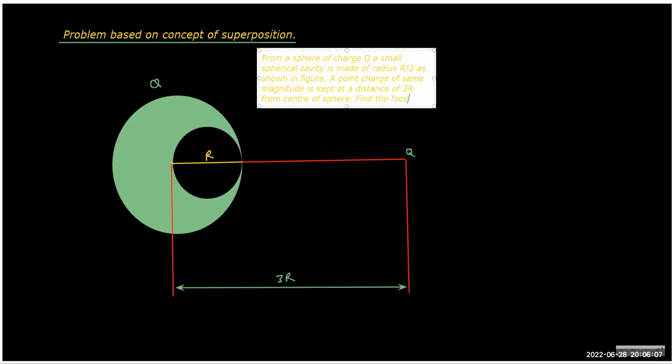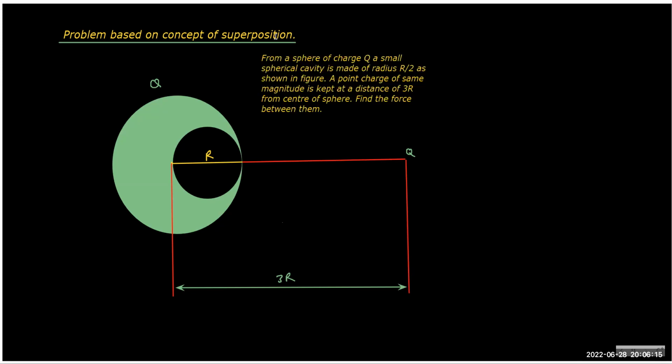Find the force between them. So this is a pretty straightforward question. You are supposed to find the force between this big sphere and this small point charge. Numerically they are the same, but one is a point charge, the other is charge which is spread out.